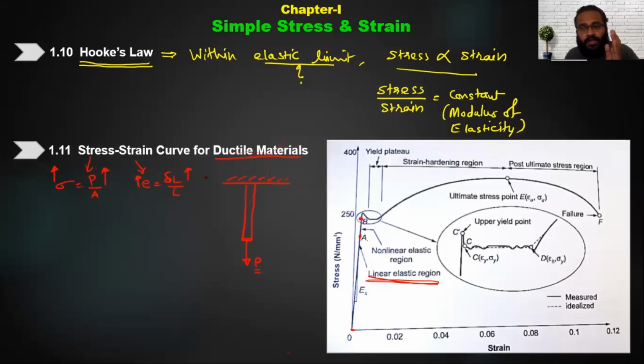The relation between them is not linear now. It will be a curved one. The slope will decrease, and the curve will bend towards the strain side. The strain will be more as compared to the stress, and this is slightly from A to B. Most materials will not show a significant difference between A and B.